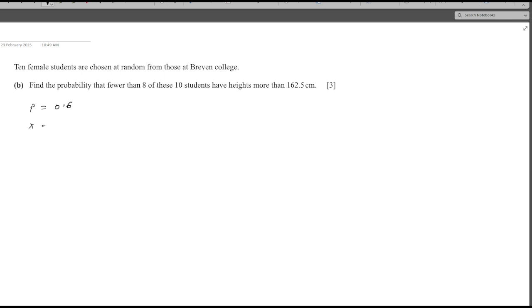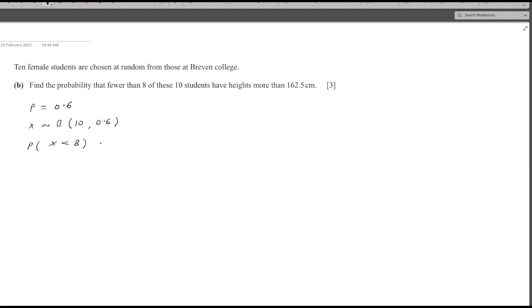Now here X follows a binomial distribution where I am choosing 10 students, and the probability that the height is more than 162.5 is 0.6. I have to find the probability that fewer than 8 means X is less than 8.